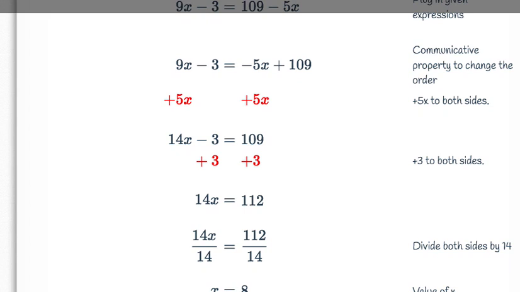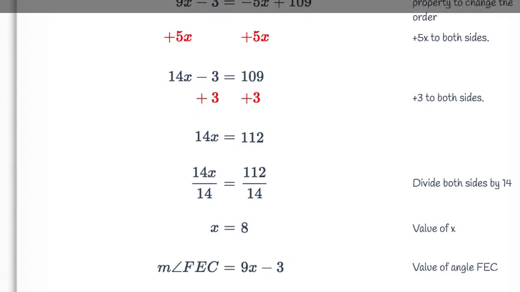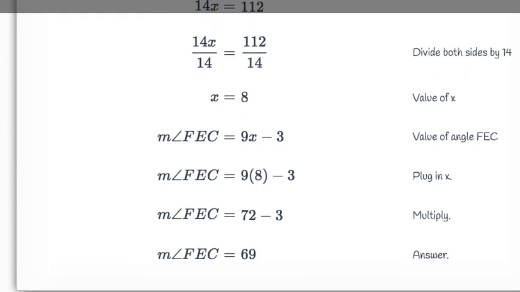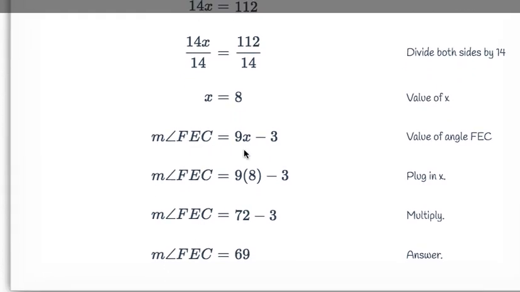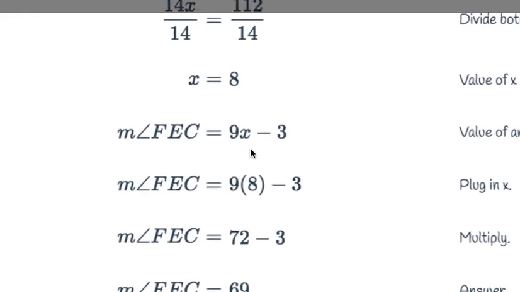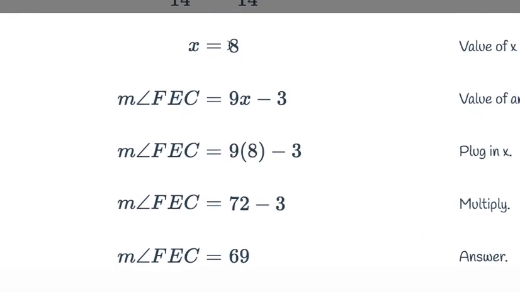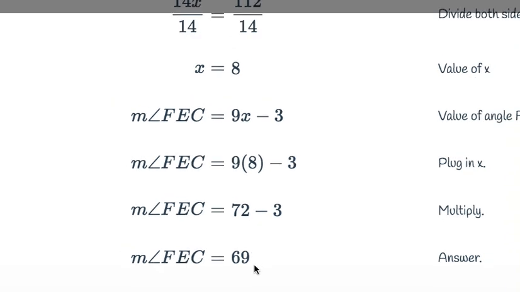Now that we have x, we have to plug it into angle FEC. If FEC was 9x minus 3, and we know that x is equal to 8, all we have to do is plug in 8 for the x and solve for the angle. Okay.